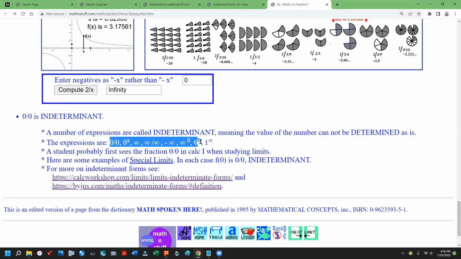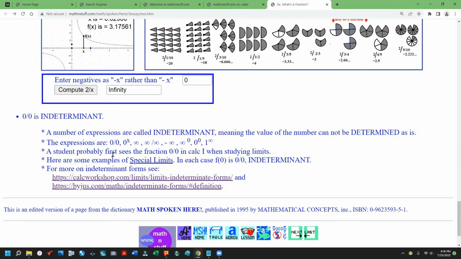Each of these is what is called an indeterminate form. 0 divided by 0, 0 to the x, infinity, infinity divided by infinity, and so on. We're not going to talk about that. All I wished to talk about and discuss is 0 divided by 0 itself.